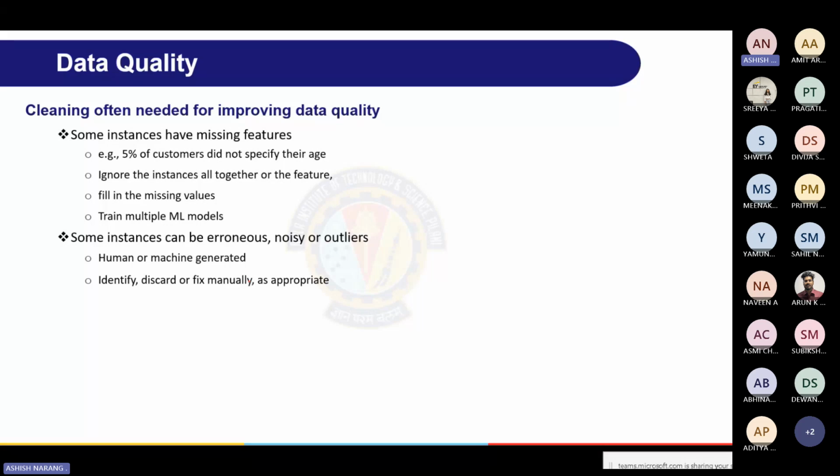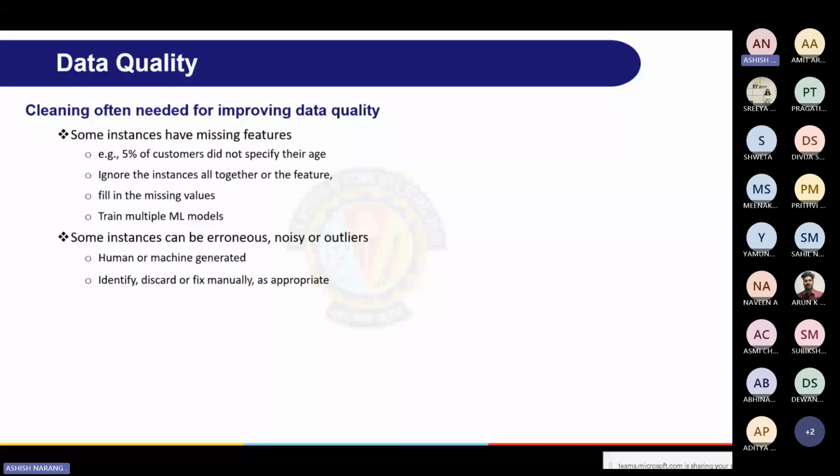I am noting down some temperature, but my thermometer is faulty. What will happen? It will give some inflated, biased readings. Some noise is getting introduced because my machine is faulty. We need to identify all such things, and discard or fix them manually as we feel appropriate. So these are some of the data quality issues. More we will touch upon soon.